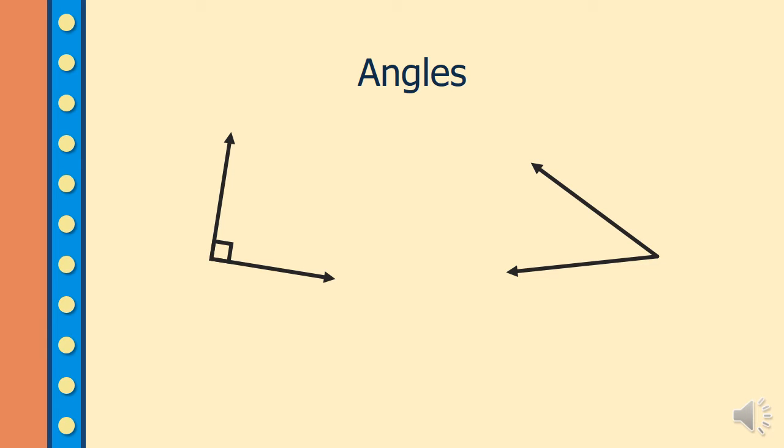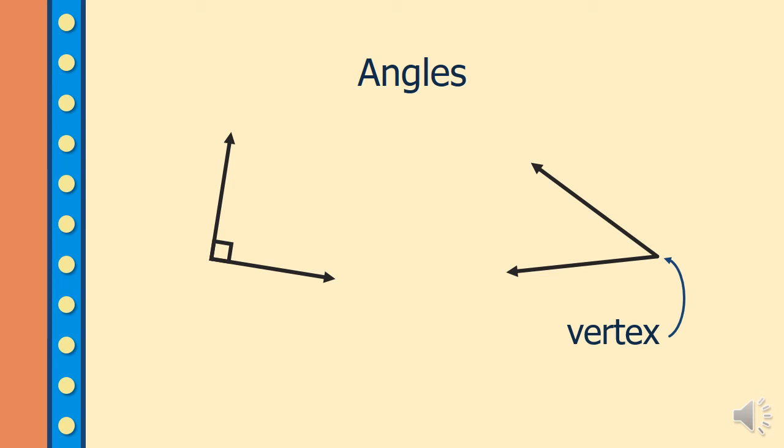But there's another word you need to know when we're talking about polygons and angles. And that is the word vertex. The endpoint that two rays share when we form an angle is called the vertex. So that endpoint, that little dot where they meet, is called the vertex.